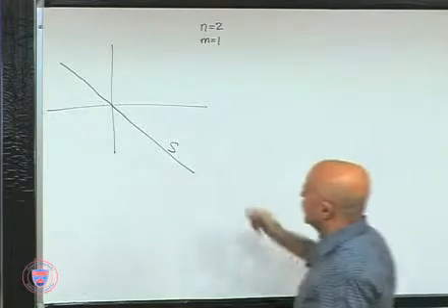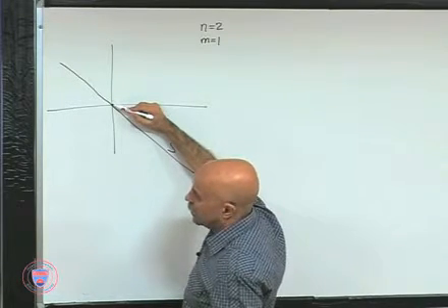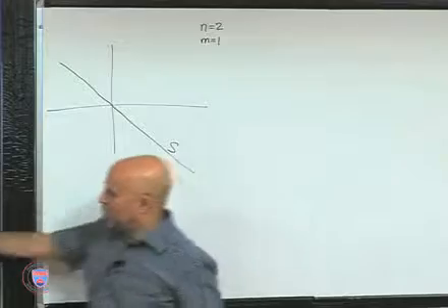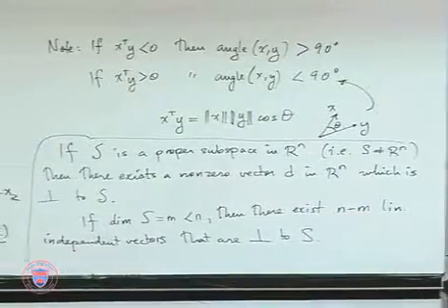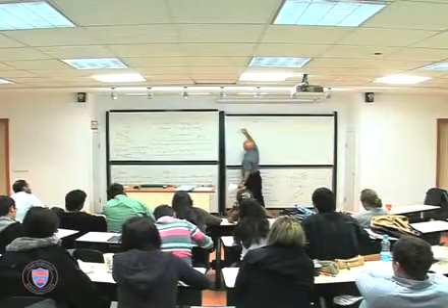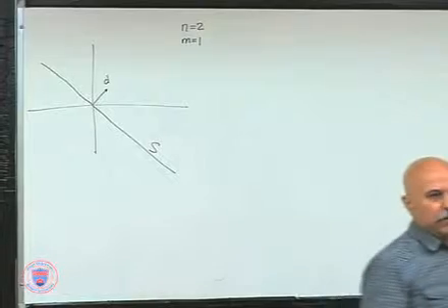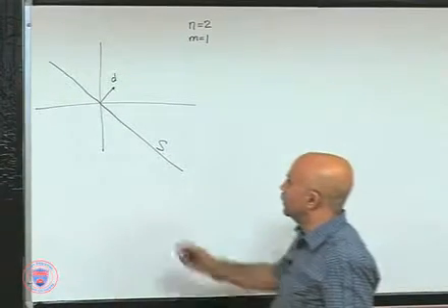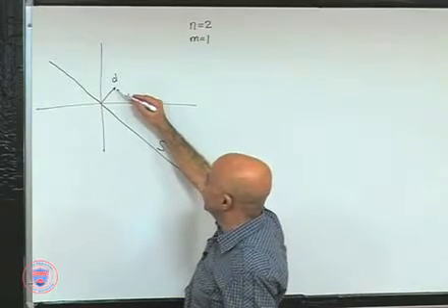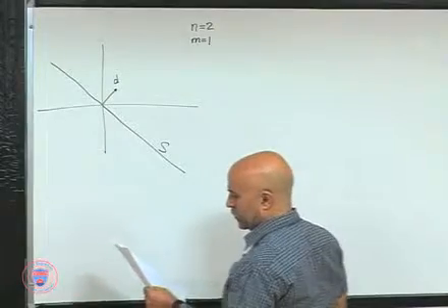In this case, there exists only one D, up to a constant. You can have a multiplier in front of it other than 0. So D is orthogonal to this space.